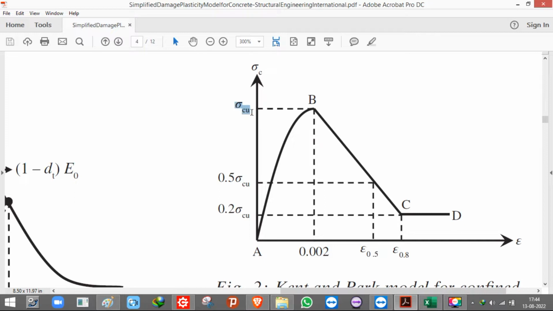So if you are using M30, then sigma cu is 30, and 0.5 sigma cu will be 0.5 times that 30. At 30 Newton per mm square for M30, the strain corresponds to this value 0.002. So you will be using this model.